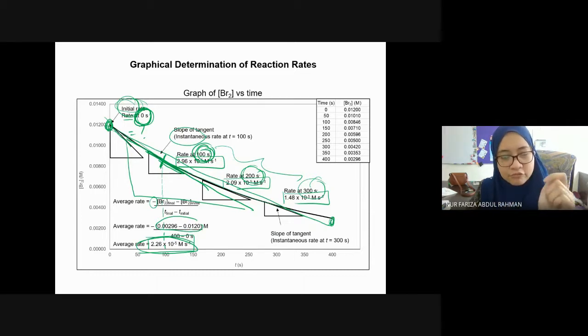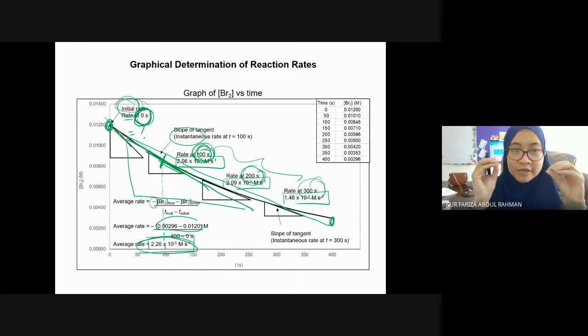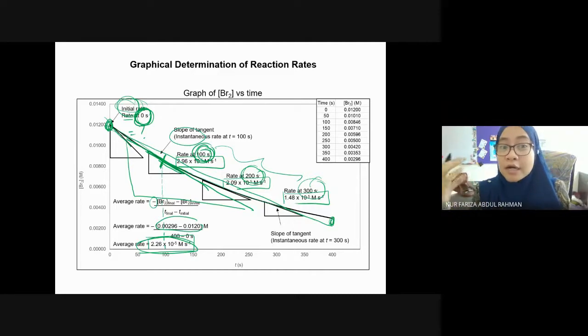Tapi because we want it to be positive value, the numerical value of rate should always be positive. When you have negative, you should transfer to the other side. Later kita akan buat differential kejap lagi. That shows that it is a reactant. So that is why you akan dapat here, the value is positive, even though we are talking about the reactant.